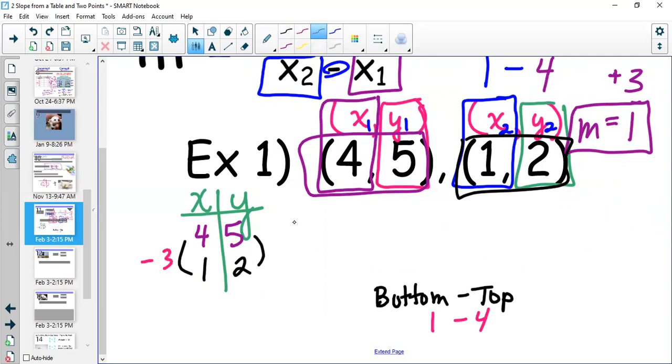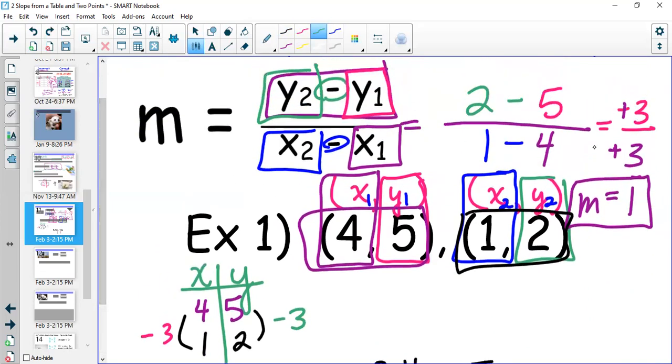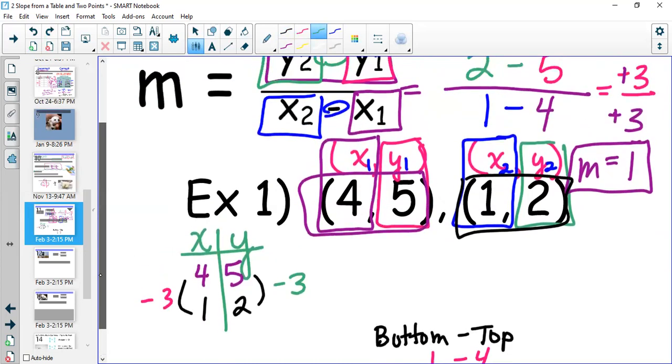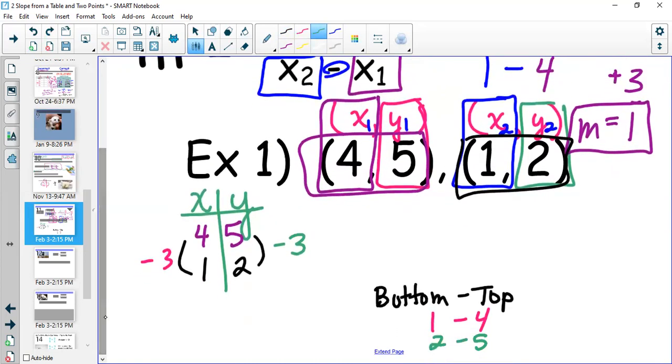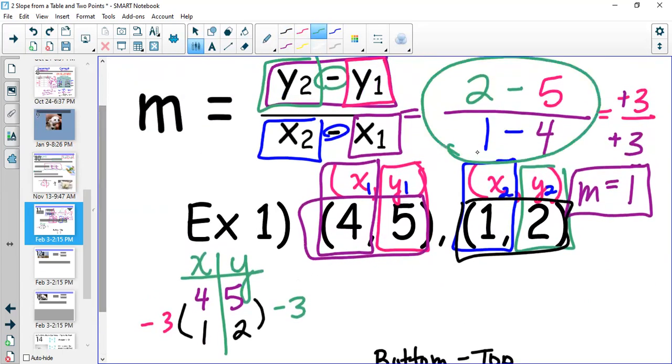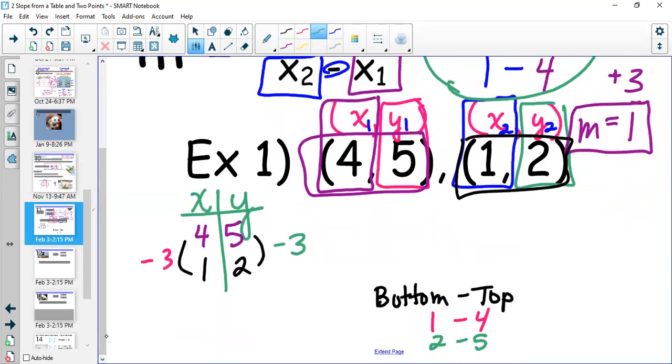And on the y side, bottom minus top, 2 minus 5, that would also give us negative 3. And guess what? It corresponds to exactly what we see up there. Same with our bottom minus top, we had 1 minus 4, and we had 2 minus 5 up here in our work. So that's why it works for both of them.